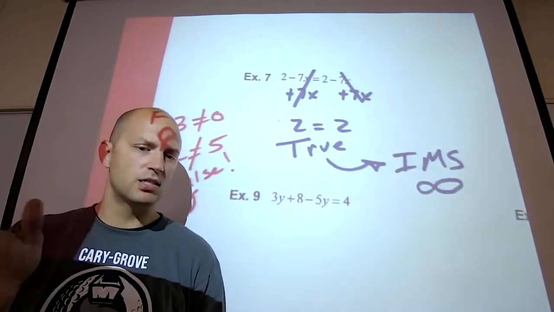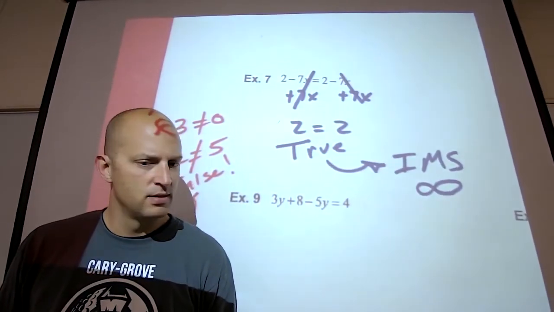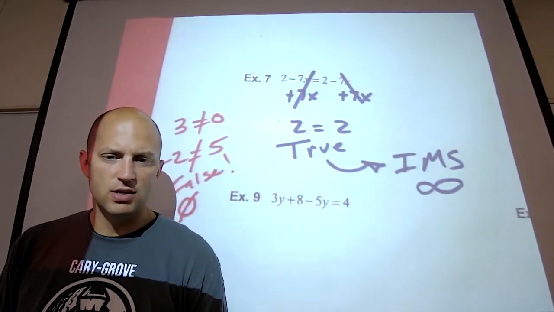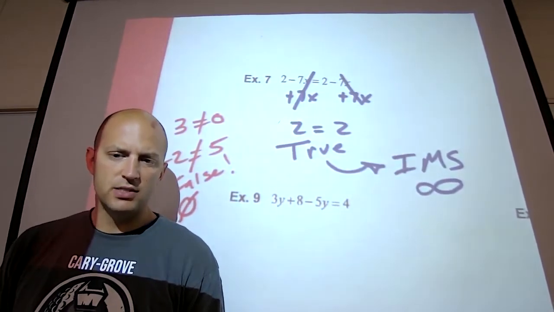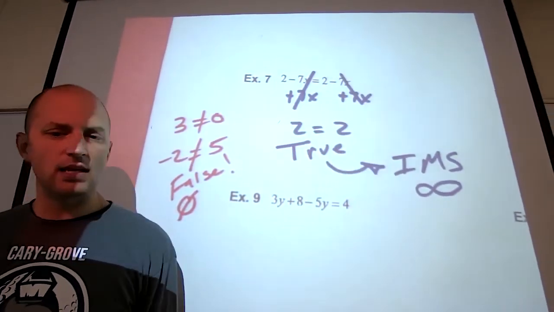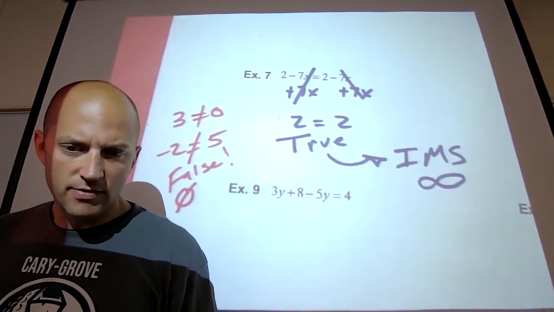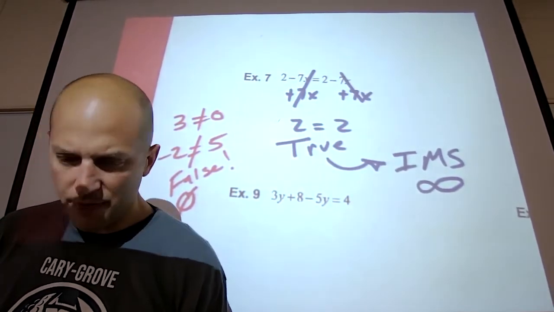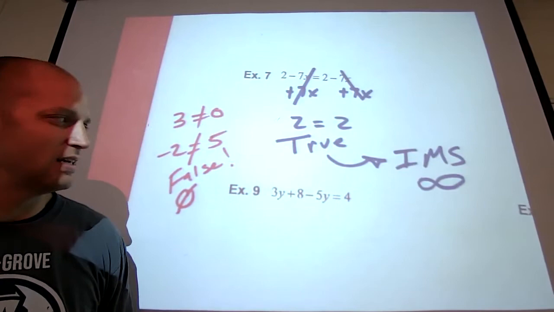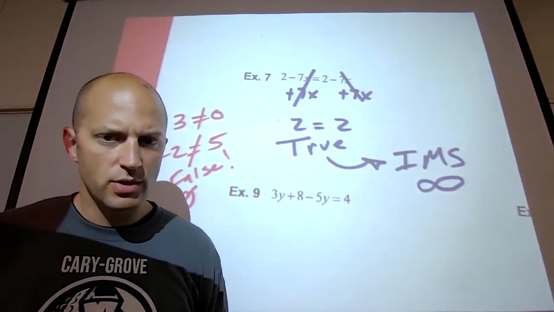If you're trying to solve for x and they cancel out and you get a false statement, that just means that's not possible. If you get a true statement, then anything works for x. Any number you could think of. So that's all real numbers, infinitely many solutions, or the infinity sign. Okay, do you guys have any questions with those?